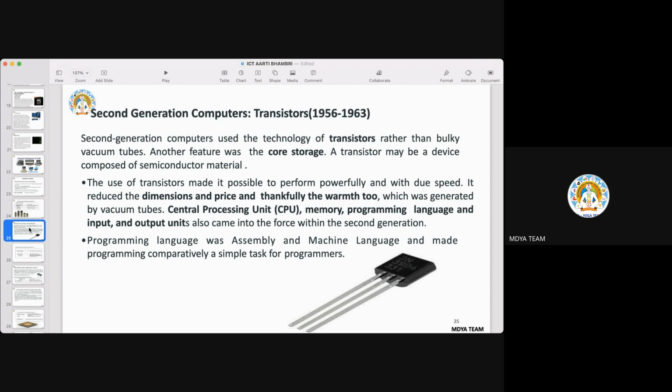This is a device composed of semiconductor material. Semiconductor means at normal temperature they are not conductors, they are insulators. But under some favorable conditions, or when current flows, they become conductors.